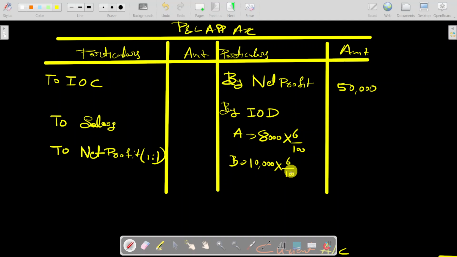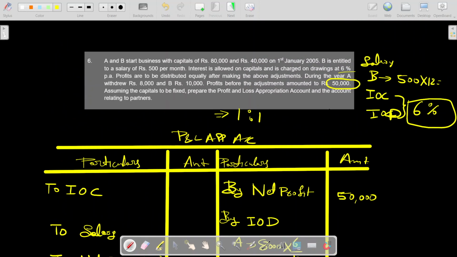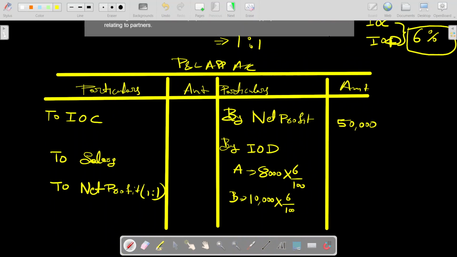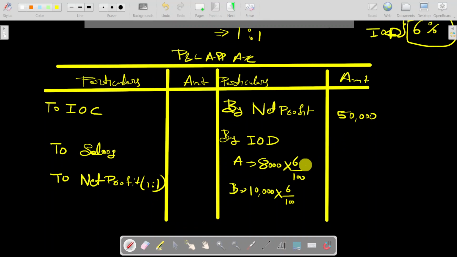Here he has not mentioned anything. That means whether he is taking it at the beginning of the month or year, middle, or end, he has not mentioned. So we assume that he is taking it in the middle of the month, so we will divide into 6 by 12.